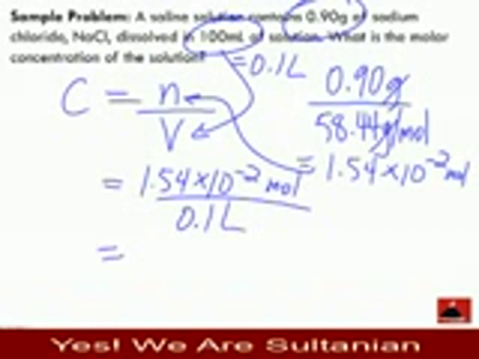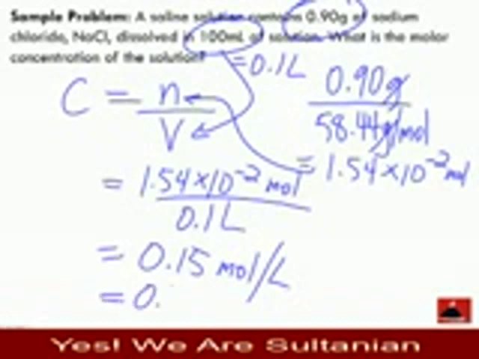When we divide the two, we get 0.15 moles per liter. But the least number of significant digits in my question is 1, so my answer is 0.2 moles per liter. So 0.2 moles per liter is the molar concentration of the saline solution.